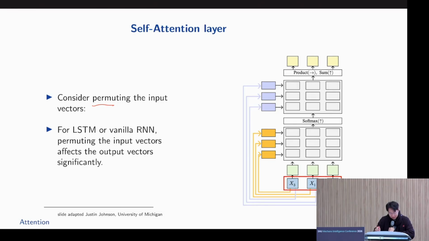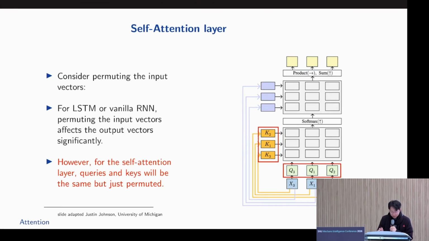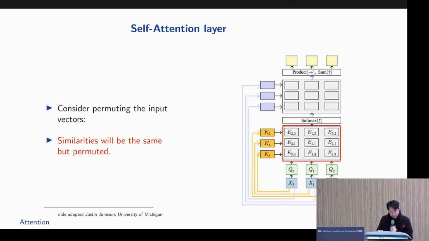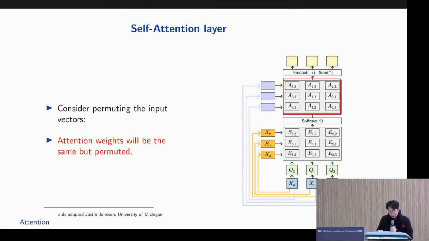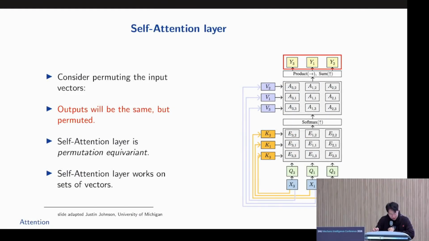But in the attention module, if you swap the tokens in some random order, it's just going to compute the key and query in that specific swapped order, but just permuted. So you're going to have the same numbers, but in permuted order. The self-attention layer is permutation equivariant.